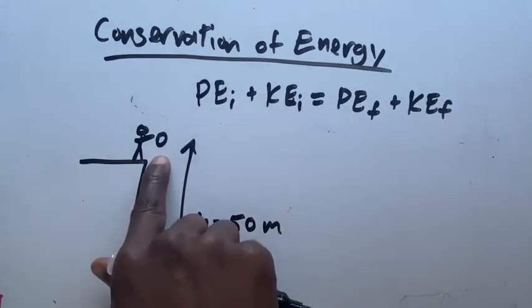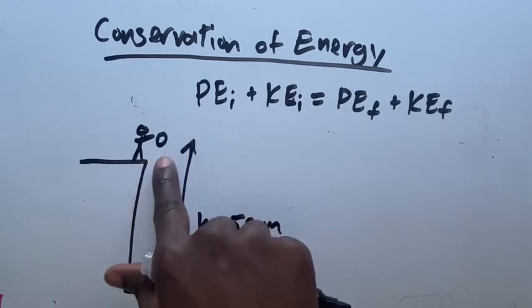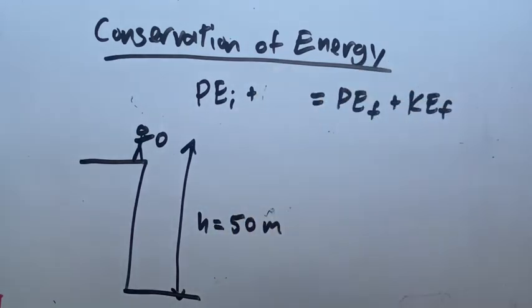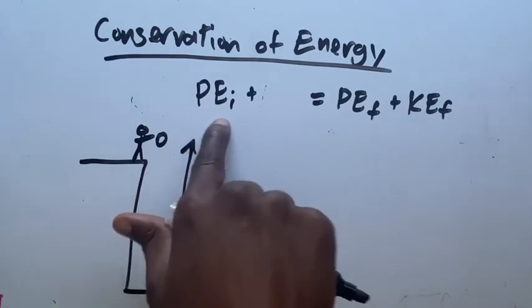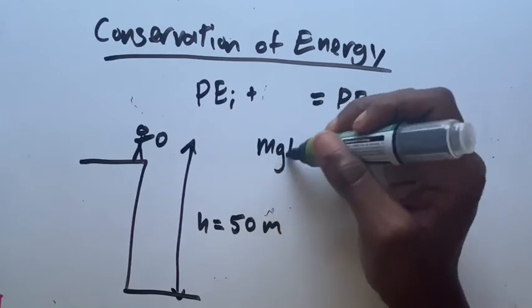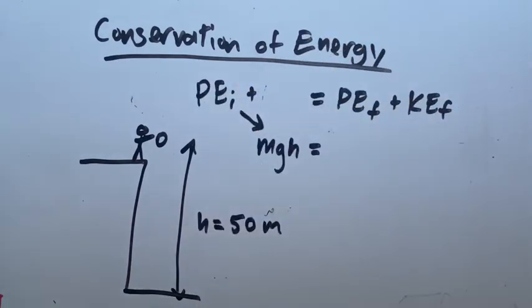Initially, when it's up here, the kinetic energy is 0 because the ball is not moving, so we can ignore that part. But since it is up by some height, it does have some potential energy, and it's going to be mgh.